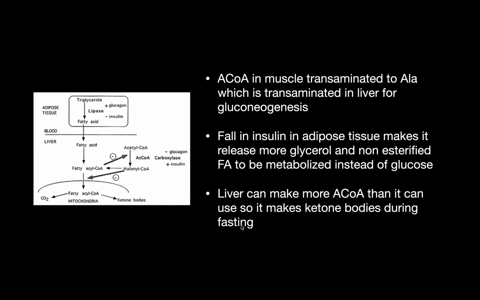So that would be used in the brain, in the muscles, in the intestines, in order for the body to have energy. This doesn't occur until almost a week and a half of fasting. So the body doesn't actually make ketone bodies in a significant amount until then.